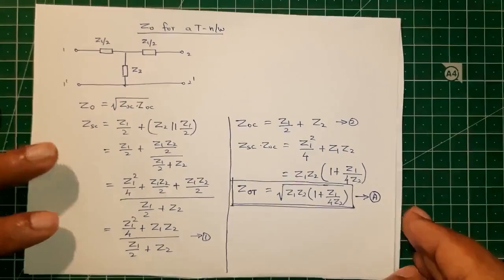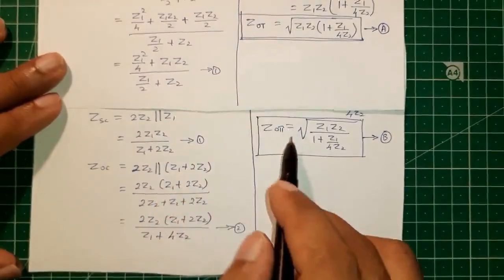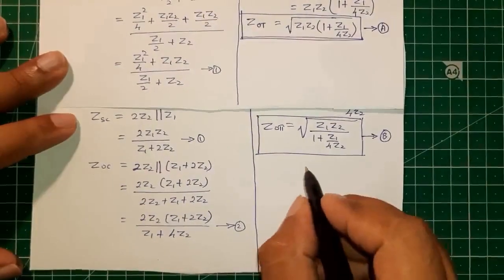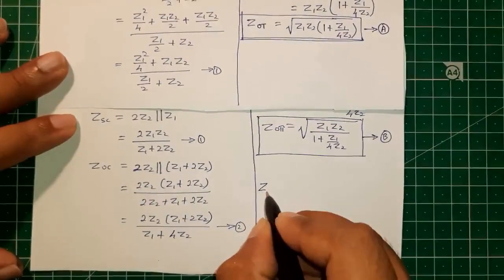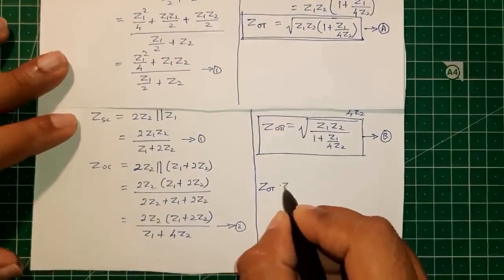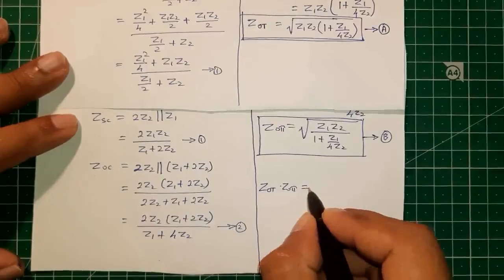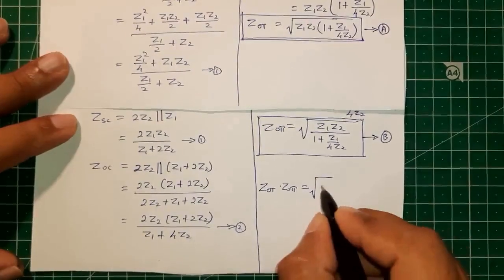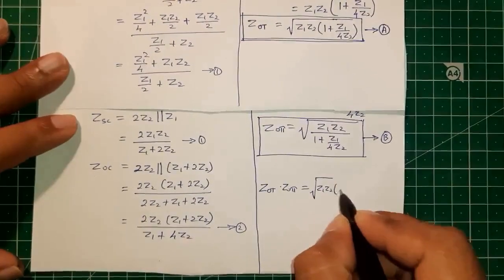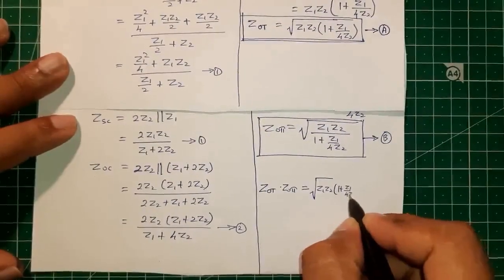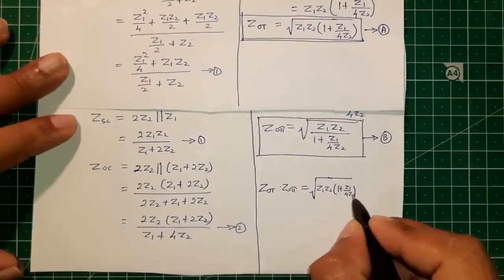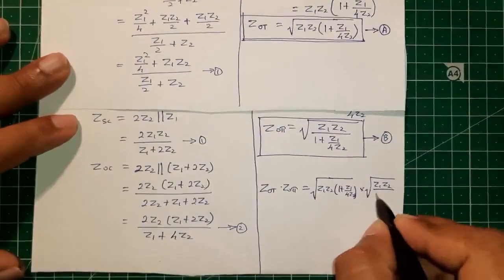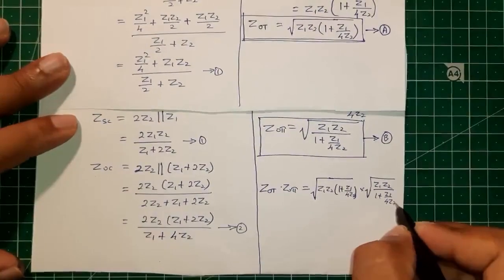Okay. Now what happens when we multiply these two characteristic impedances? That is for a T network and a pi network. So the product Z0 T into Z0 pi will be equal to, so Z0 T is Z1 Z2 into 1 plus Z1 by 4 Z2 into square root of Z1 Z2 divided by 1 plus Z1 by 4 Z2.